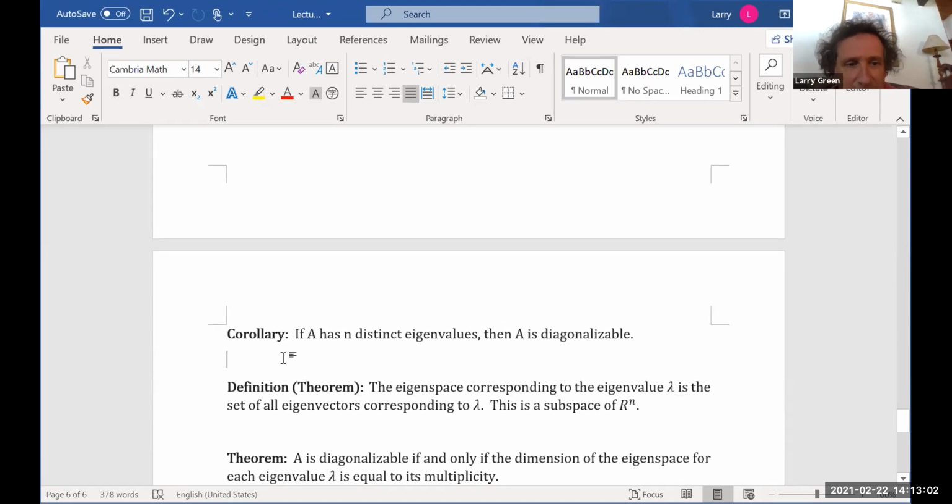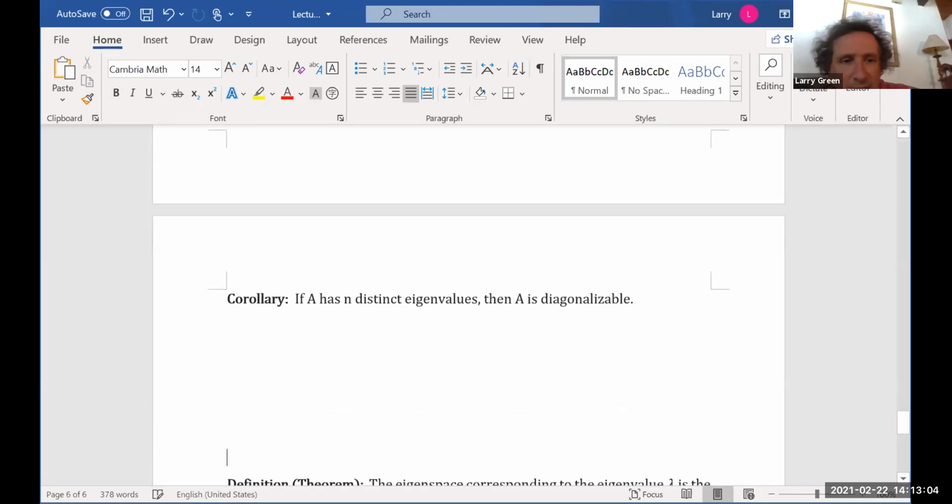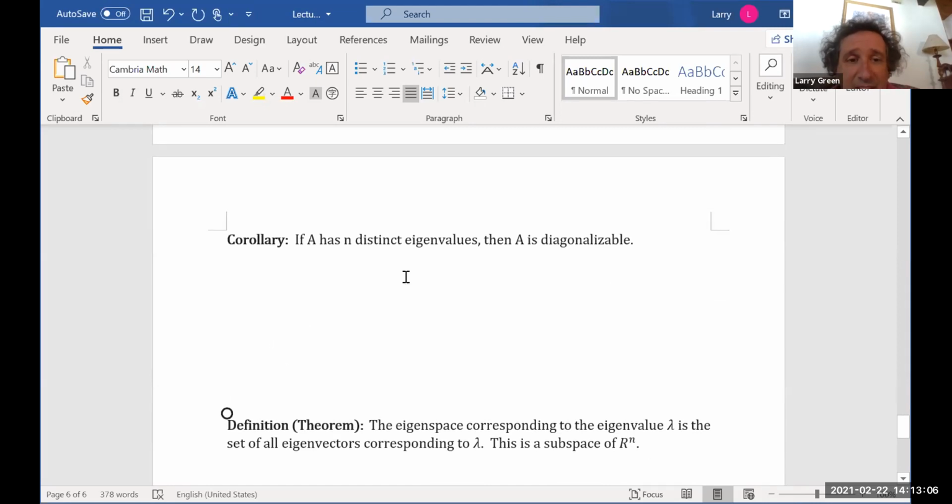And then finally, and this is a biggie, if A has n distinct eigenvalues, then A is diagonalizable. Because if you can find n distinct eigenvalues, that means that there are n linearly independent eigenvectors.